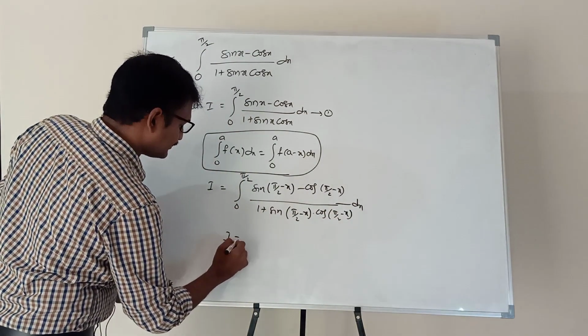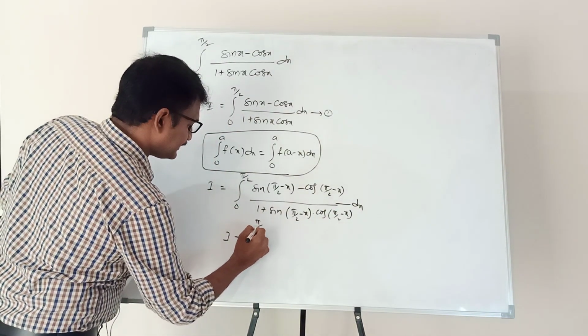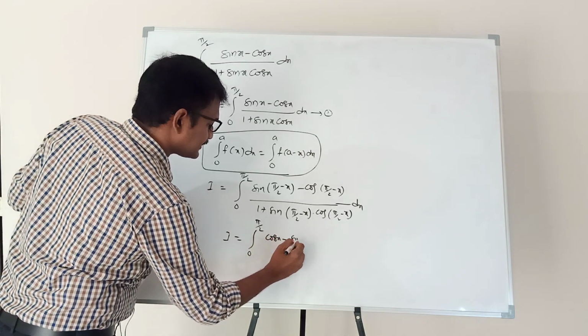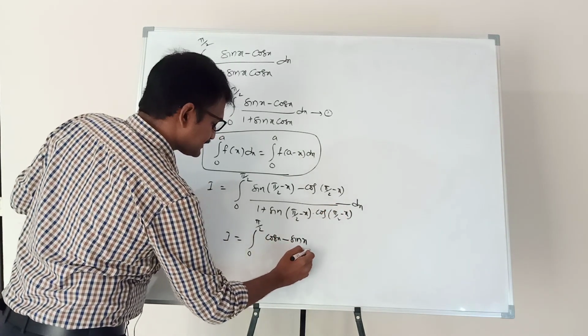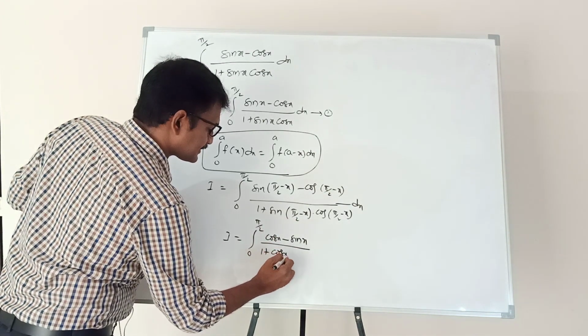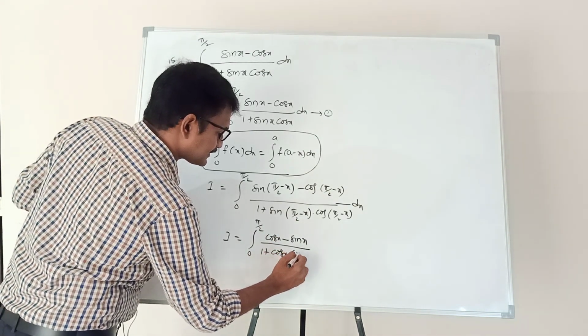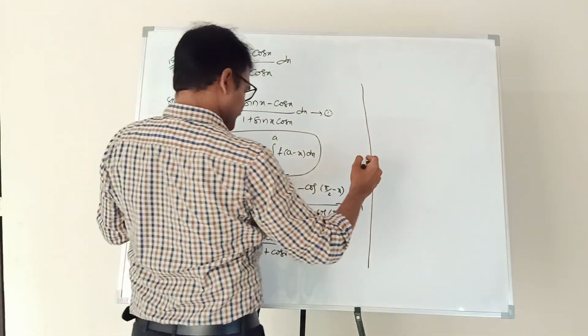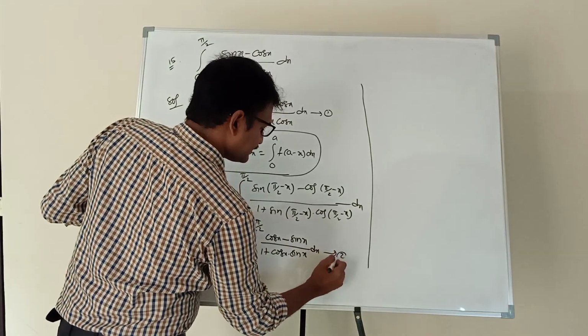So I is equal to integral from 0 to 90, sin 90 minus x is cos x, minus cos 90 minus x is sin x, by 1 plus cos x into sin x dx. Let this be equation number 2.